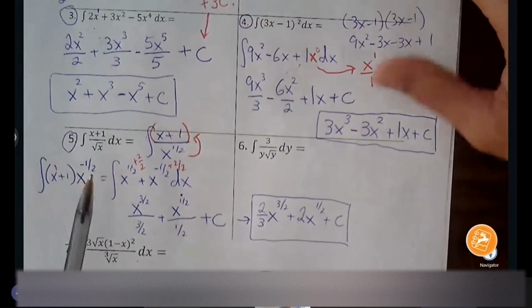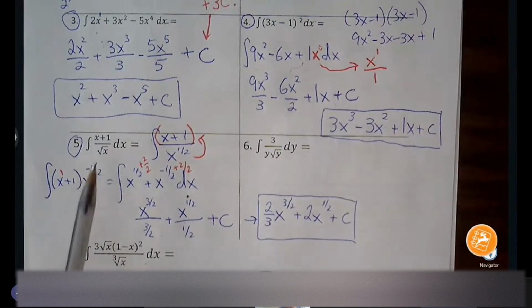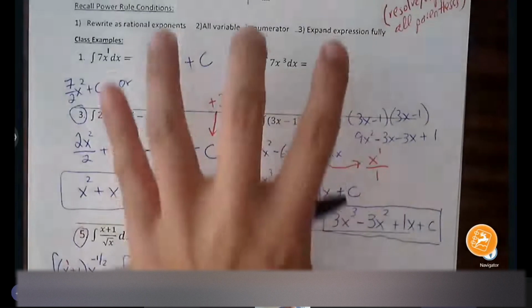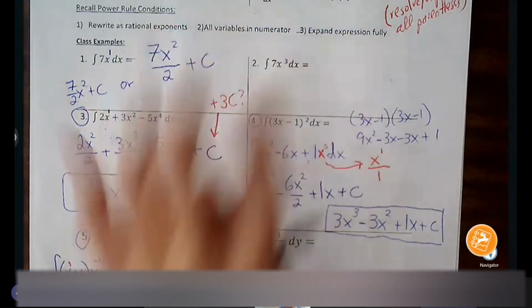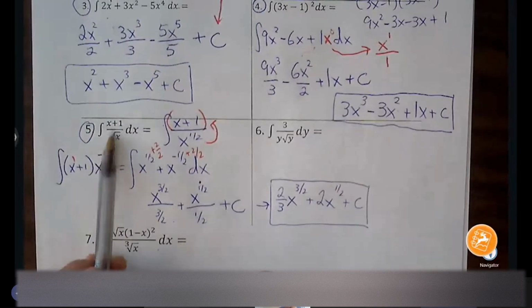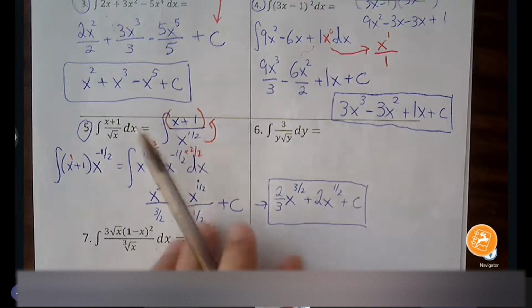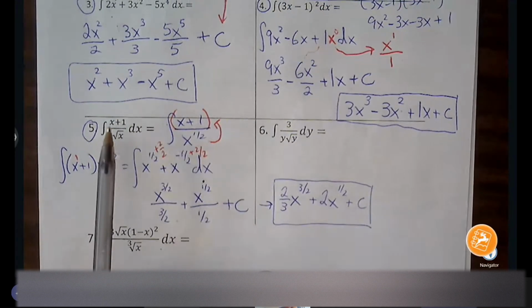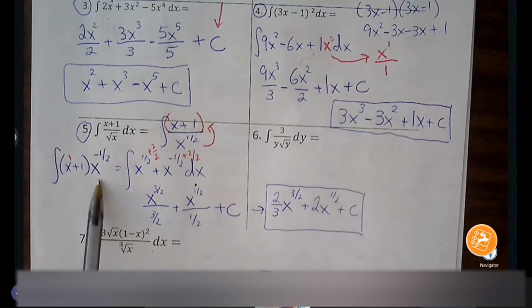The last problem that we did at the end of class was number 5. So this was where we had to involve all 3 cleanup conditions here. So the first thing that I did was convert the radical to a rational exponent. We know that this x to the 1/2 is out of place. We have to move this up to the numerator, so we're essentially converting this division problem into a multiplication problem.